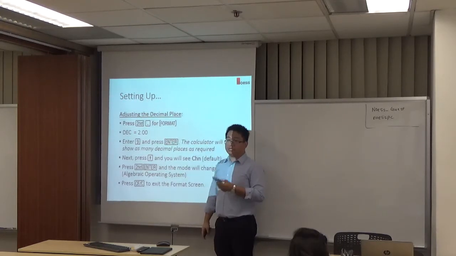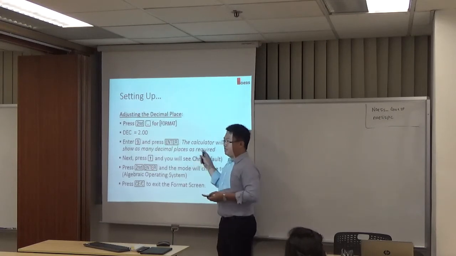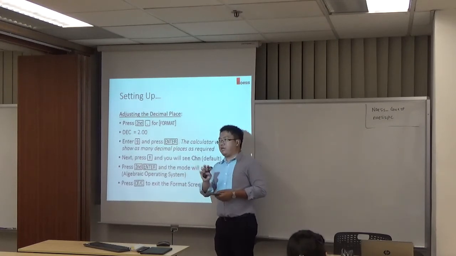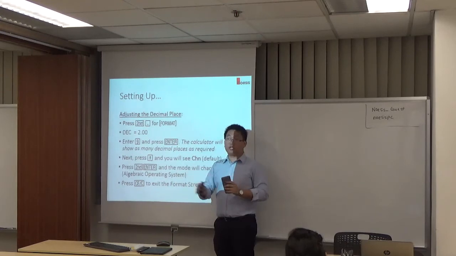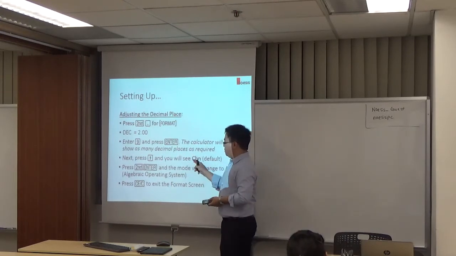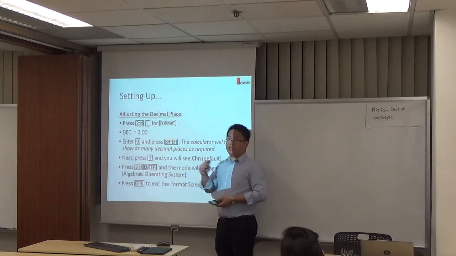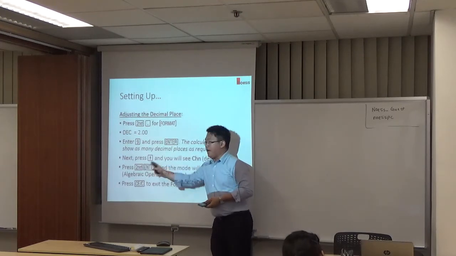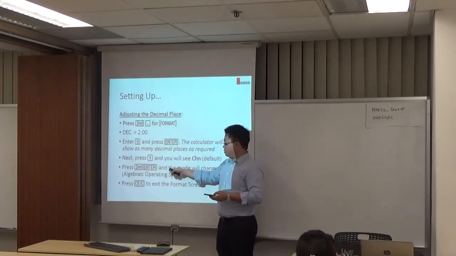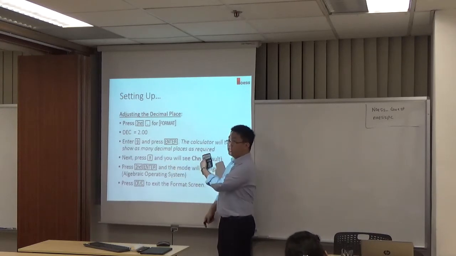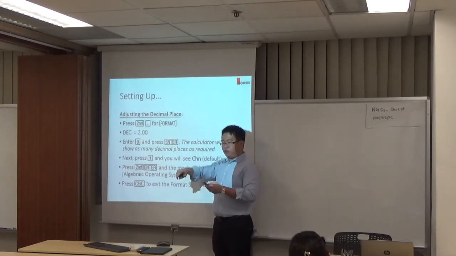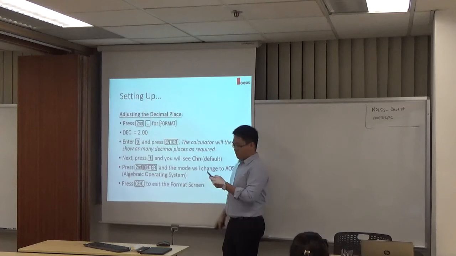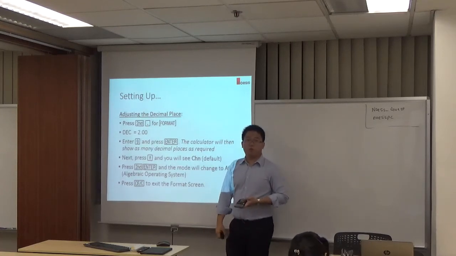Next thing you will see is CHN, which is the default setting. If yours is already AOS, it's fine. You must have changed it in the past. If yours is still showing CHN, what I need you guys to do is just press second, enter. Second enter is to activate the set function. So when you press second enter, your mode will change to AOS, which is what we actually want.